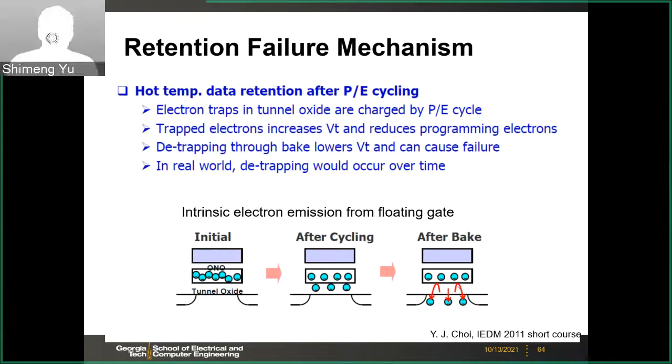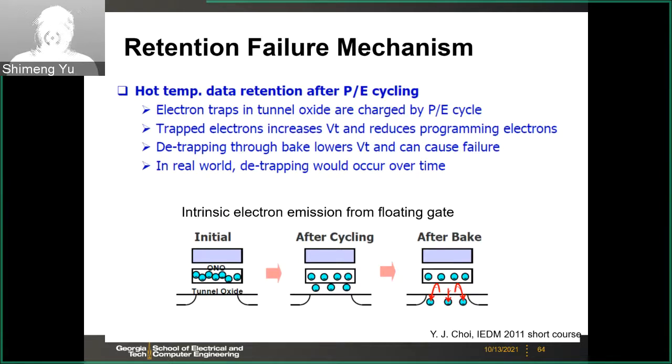If they jump out from those trap sites, then your VTH will be lowered. And that means your data may be lost if you rely on those electrons to maintain a certain VTH level. Now the electron is detrapped, then you may lower the VTH, and then your data may be changed.